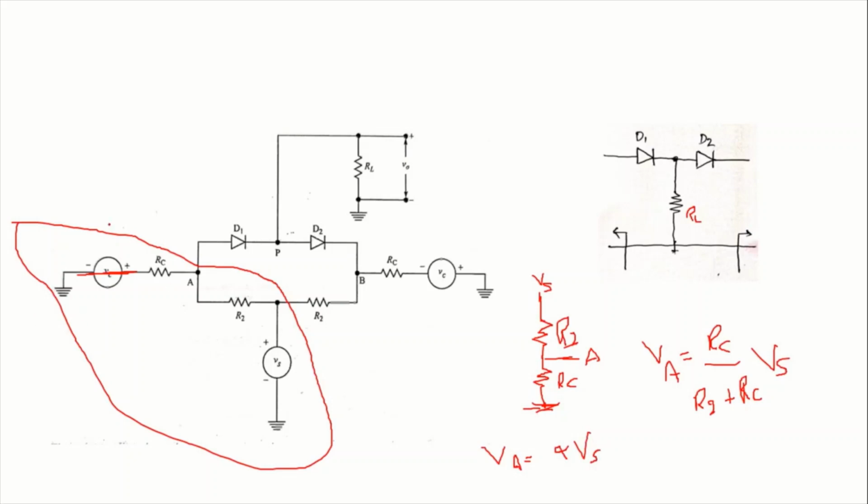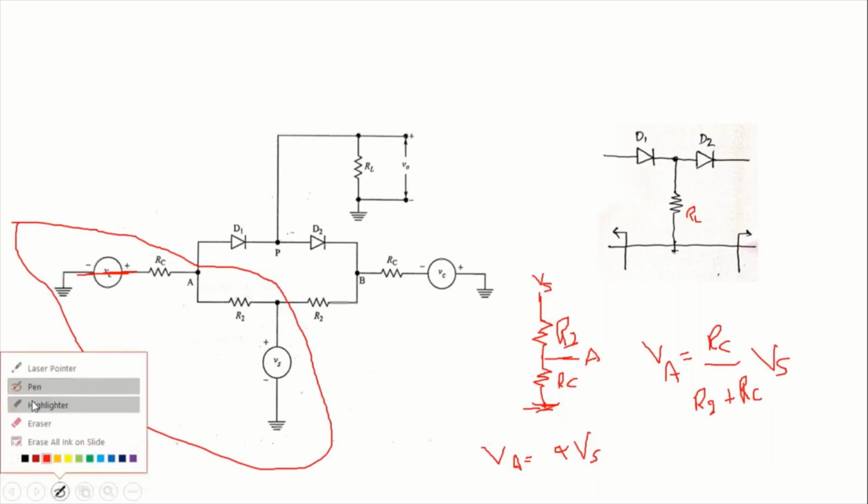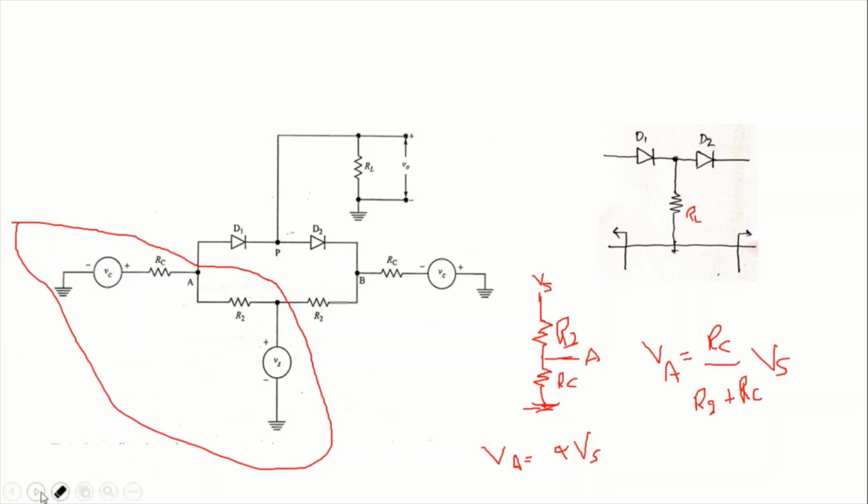Now coming to the other one, let us consider only the VC voltage and make Vs 0, meaning short circuited. The voltage source VC is connected through two resistors, RC and R2, and the node voltage across this is VA.